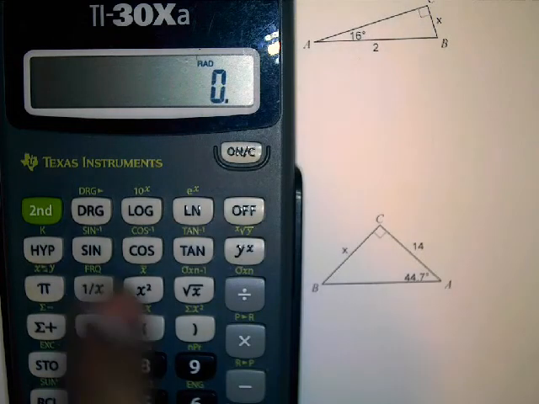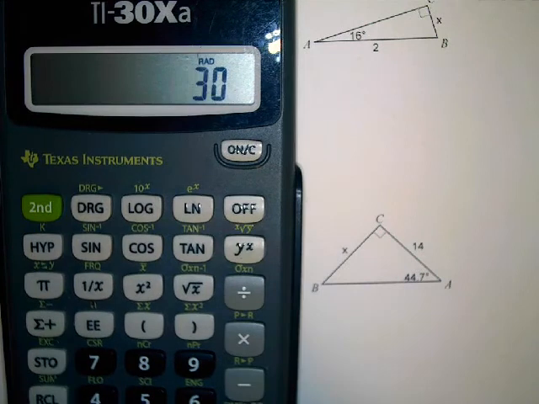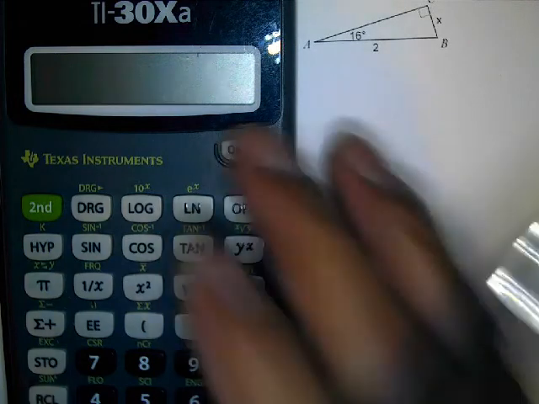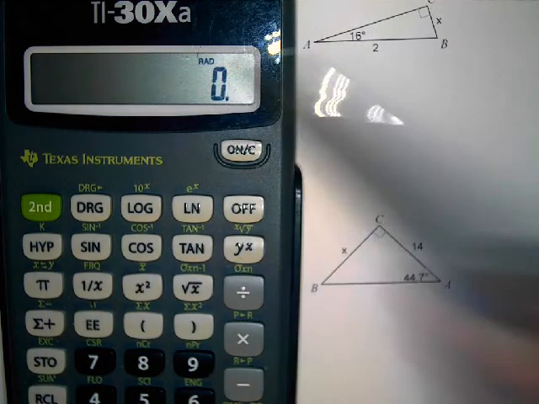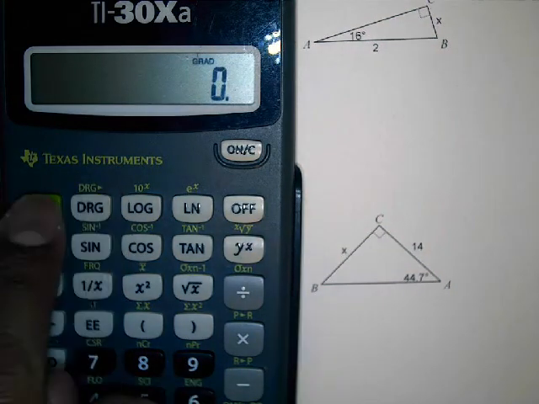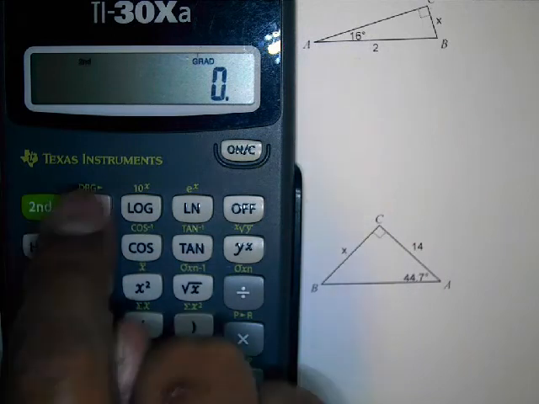Okay, so if I do sine of 30, this one actually I got to put the 30 first and then hit sine. See, it's not going to give me the 0.5. Remember the answer was 0.5? If your calculator is in radian mode like this, you got to find the way to change it to degree mode.